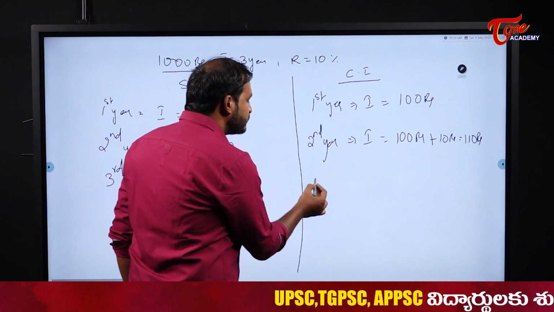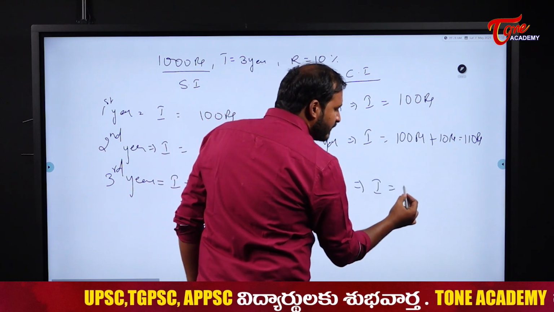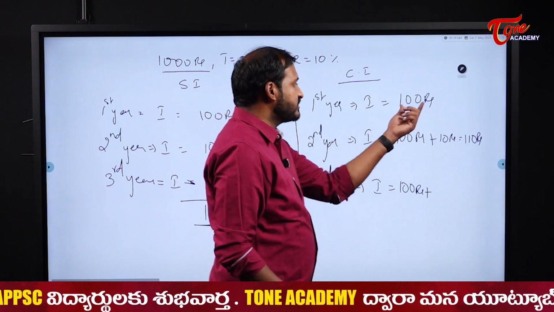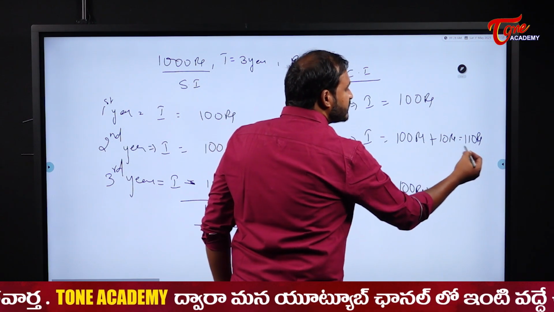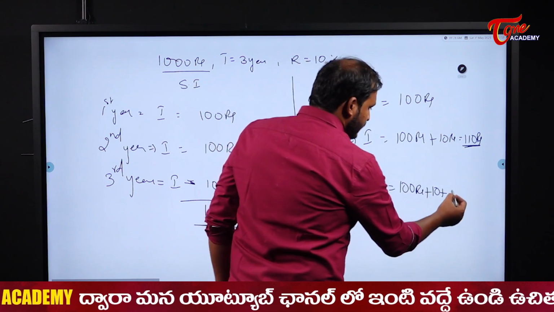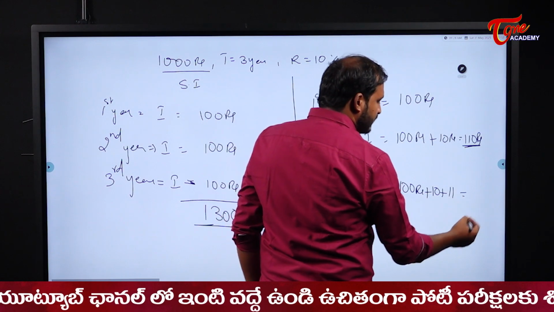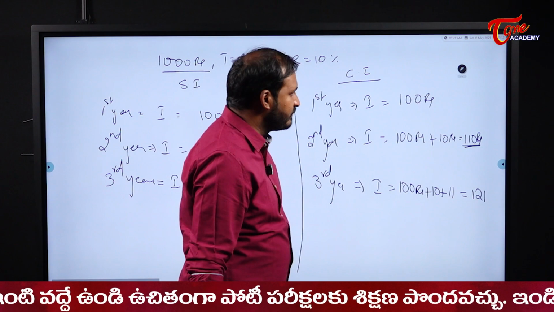In the third year, interest on my principal is 100 rupees, plus 10 rupees on the first 100, plus 11 rupees on the 110 rupees. Overall, by the third year I will get 121 rupees.